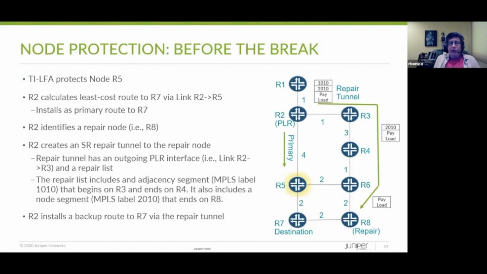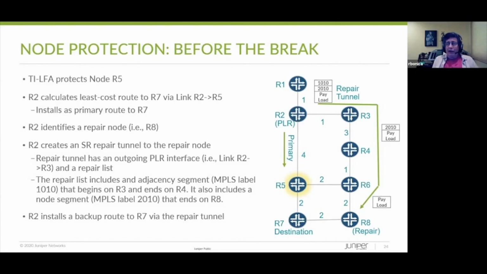Well, R2 creates a repair tunnel to the repair node. The repair tunnel has an outgoing PLR interface, that's the interface to R3, and it has a list of adjacency segments. It has a repair list. And the adjacency segment 1010 that begins on R3 and ends on R4.